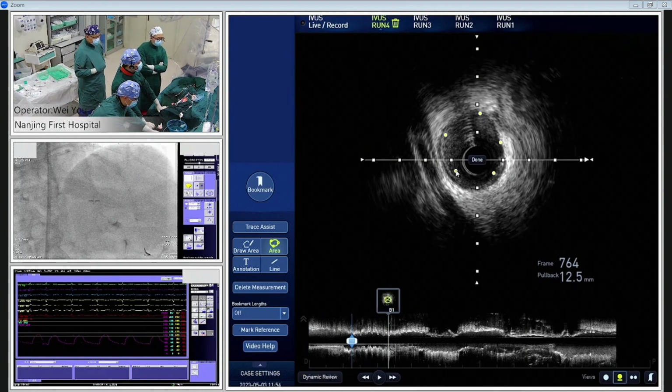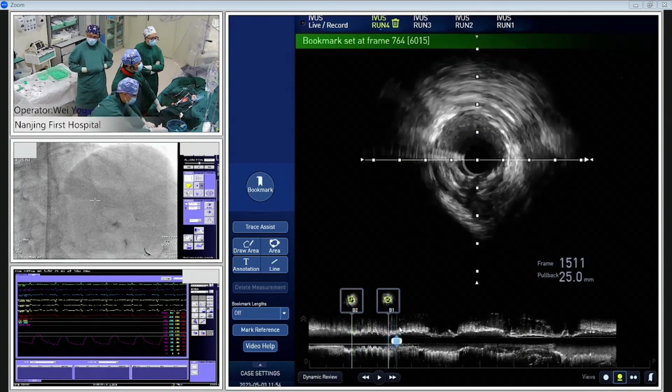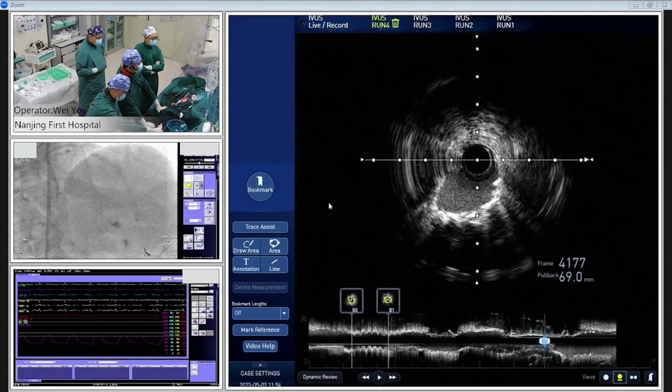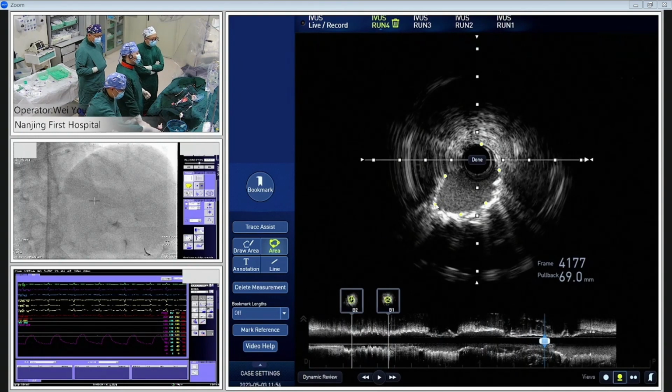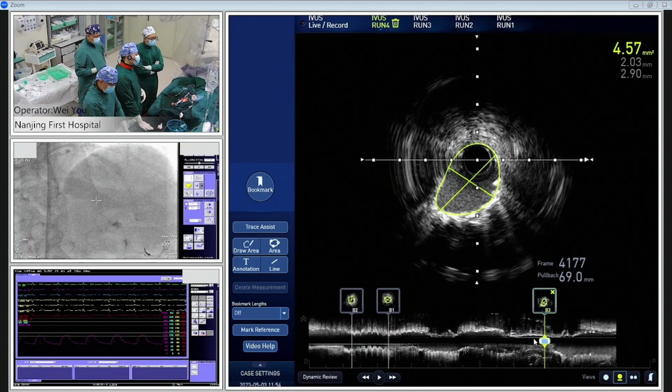I think 5.0 is not suitable for this scenario. I think stent expansion larger than 0.9 is suitable. The distal reference vessel is just 4.5 millimeters. So the expansion index is more than 0.9. Okay, the distal is okay, right?